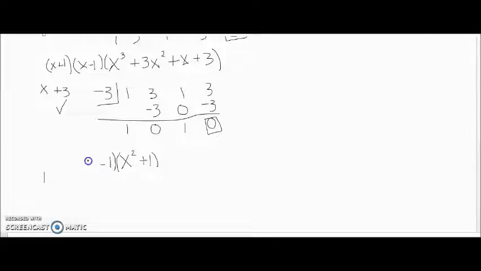So x minus 1 and x plus 1, and our newest one, x plus 3. All right, so let's see what we're left with. We're left with this quadratic, but this is not a difference of squares, so we're not going to be able to factor this any further.